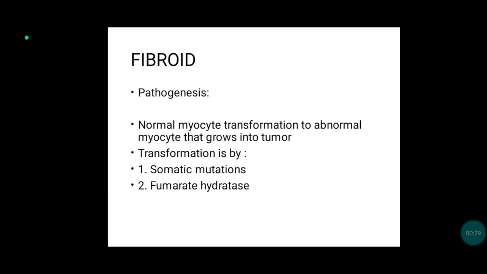First, if there is a normal myocyte, it can undergo transformation to form an abnormal myocyte, which will grow into a tumor. That transformation process is being helped by somatic mutation and fumarate hydratase.